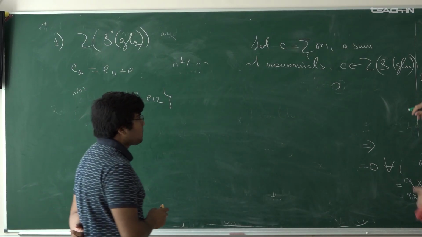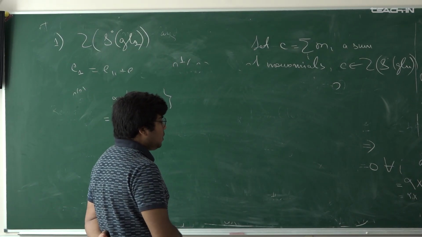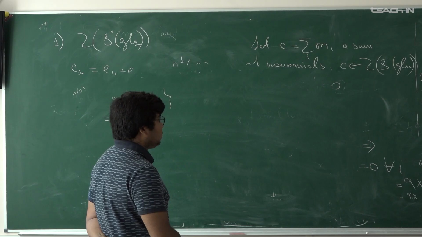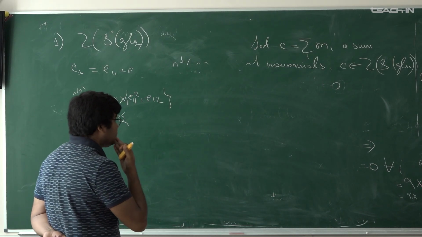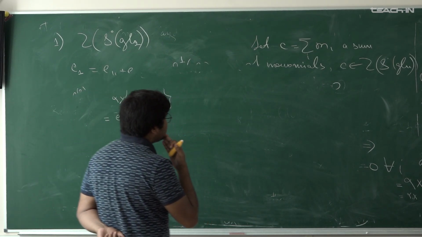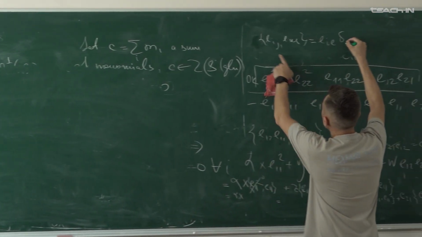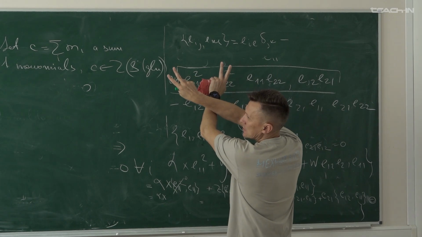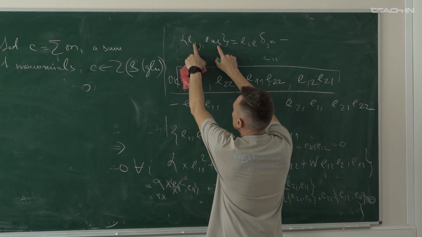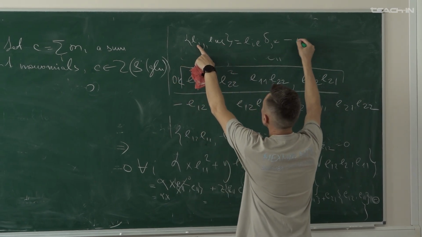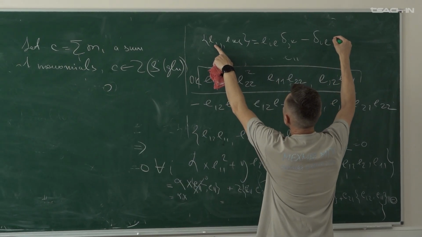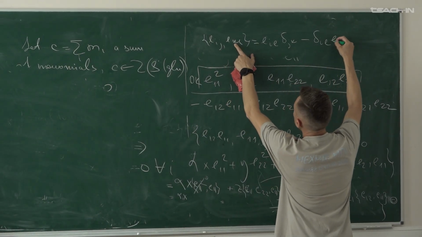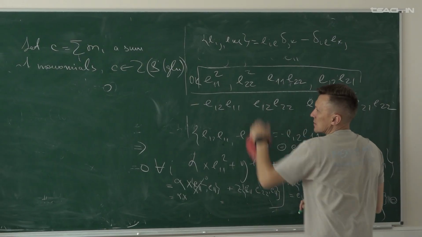Maybe you remember how you multiply matrices. Firstly, you verify if these indices coincide. So it is E_IL multiplied by delta JK, and minus the multiplication in inverse order. You verify that these indices coincide, delta IL, multiplied by E_KJ.